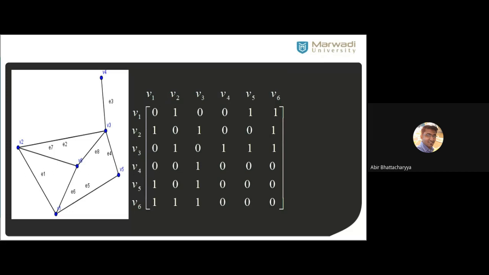First, you have to point out all the vertices column-wise and row-wise. So look at this: V1, V2, V3, up to V6, along both rows and columns. Clear? I just pointed that out. Now, once it's done, I will check whether any direct connection between V1 and the other vertices exists or not. So let's go for it.